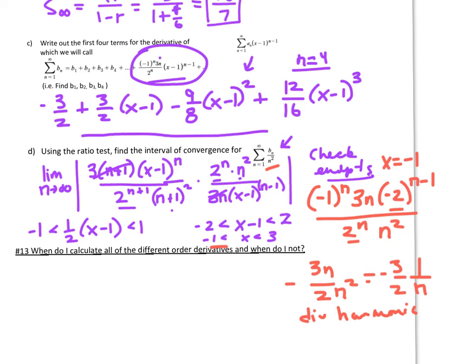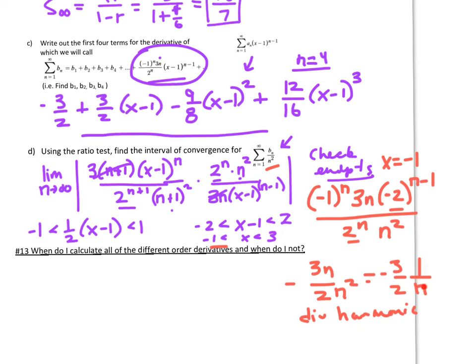If I do the same thing with 3, I kind of ran out of room, but I think you can see that instead of having the -2 right here, you're going to have a +2. And so when I plug in 3 and I get a +2, I should be showing all this, by the way, I'm going to get an alternating sequence with this 1 over n.